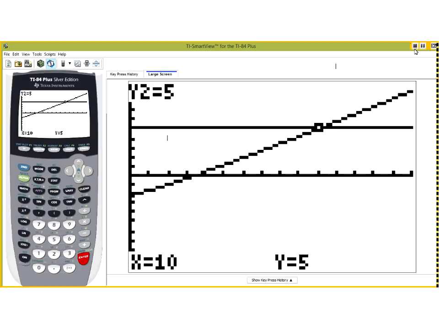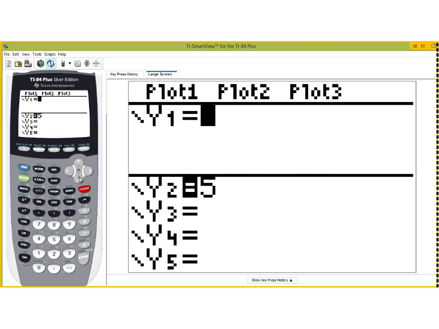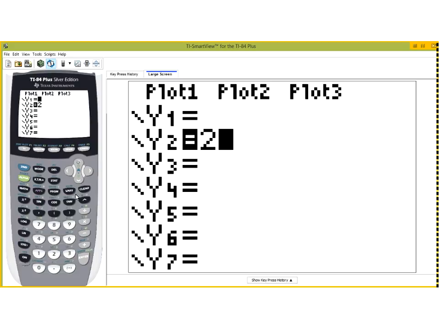All right, one more. Square root of x plus 8 minus the square root of x minus 4 equals 2. Now, let's start with the calculator this time. So the right-hand side is going to be 2.